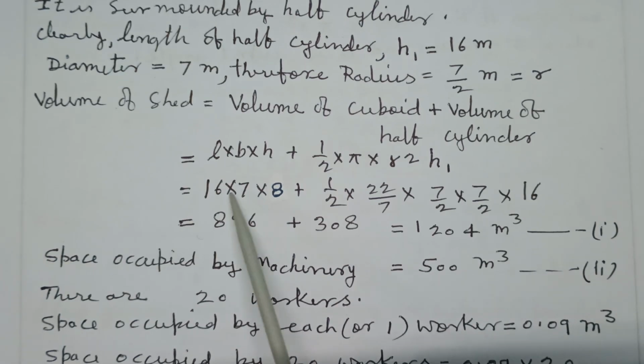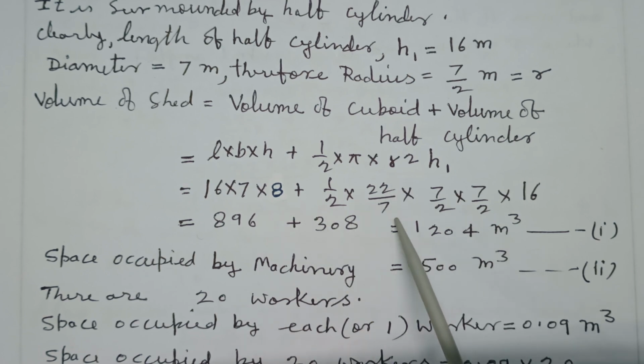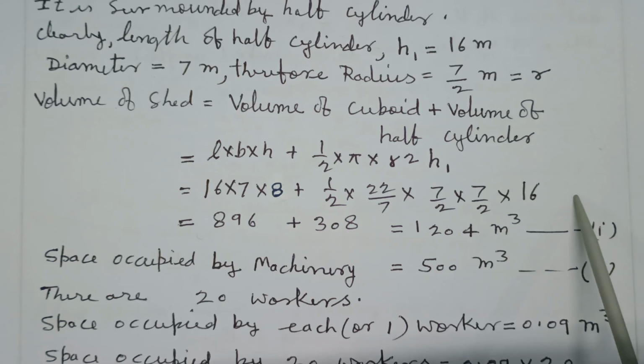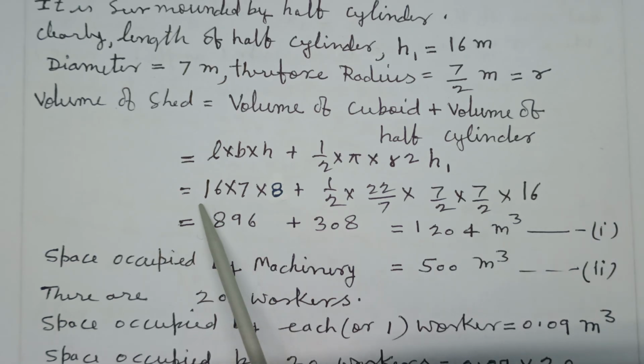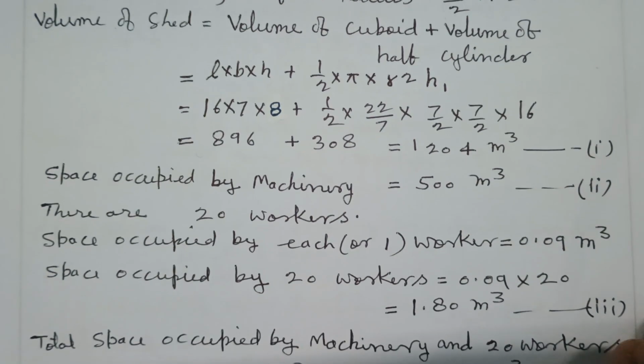Now put the values. So 16 into 7 into 8 plus half into, we have put the value of pi as 22/7, into 7 by 2 into 7 by 2 into 16, is equal to, we calculated this as 896 plus, we calculated this as 308, is equal to, adding both, 1204 meter cube. So this is the volume of the shed.